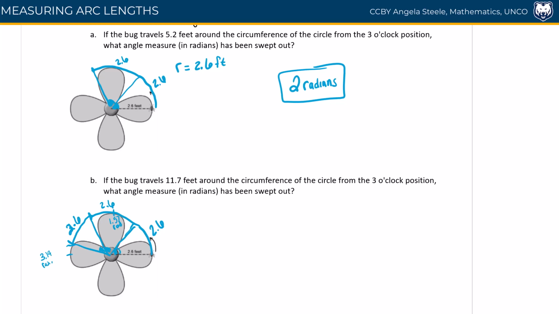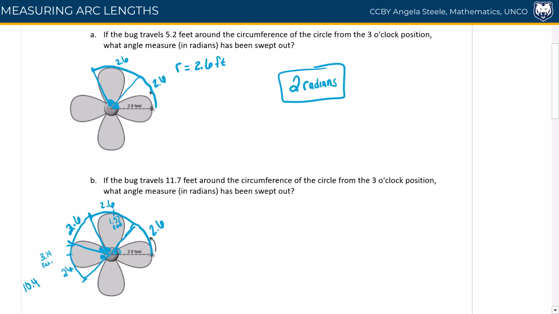Okay, so if we look at our arc length, we have 2.6 plus 2.6 plus 2.6, which gives us a total of 7.8 units. And then we're going to keep going. Here's the 4th radian measure, which is another 2.6 for a total of 10.4 units around.